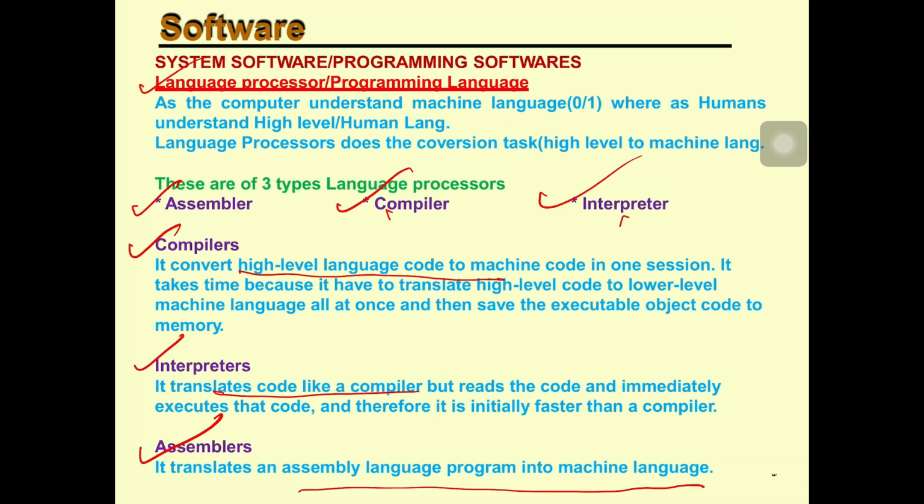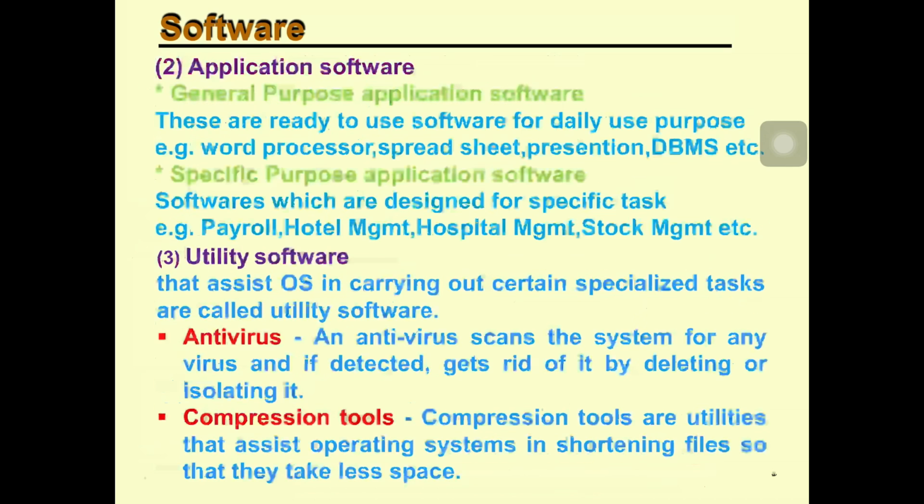Whereas the interpreter reads the code line by line. If any error is encountered, the interpreter stops working. It halts the program until we have removed the error, and after removing the error, it works accordingly.